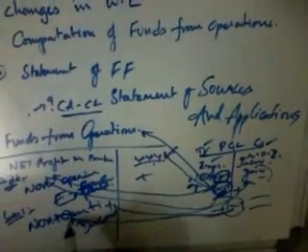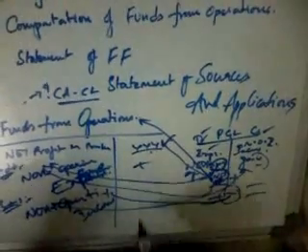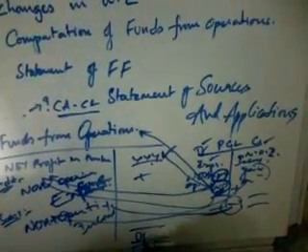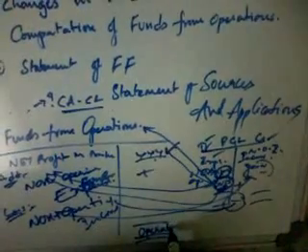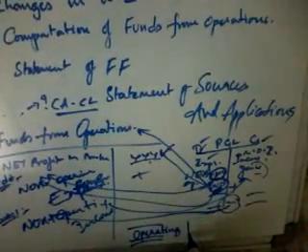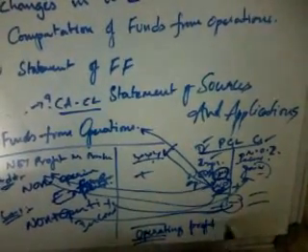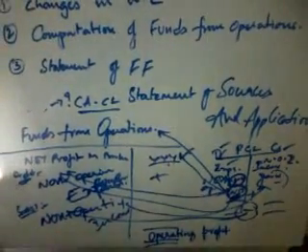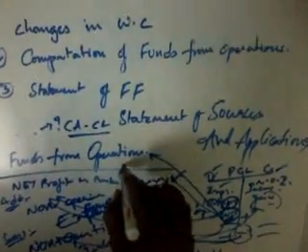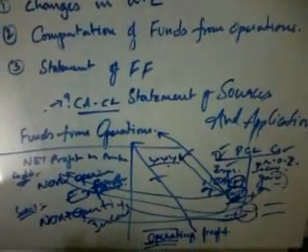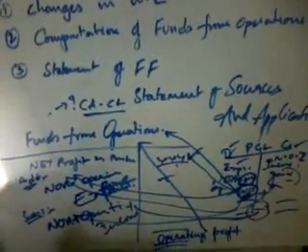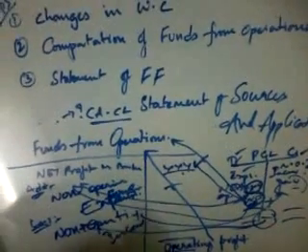By this means, we find the exact operating profit. The process of finding the operating profit is called funds from operations. I think now you understood what funds from operations is.